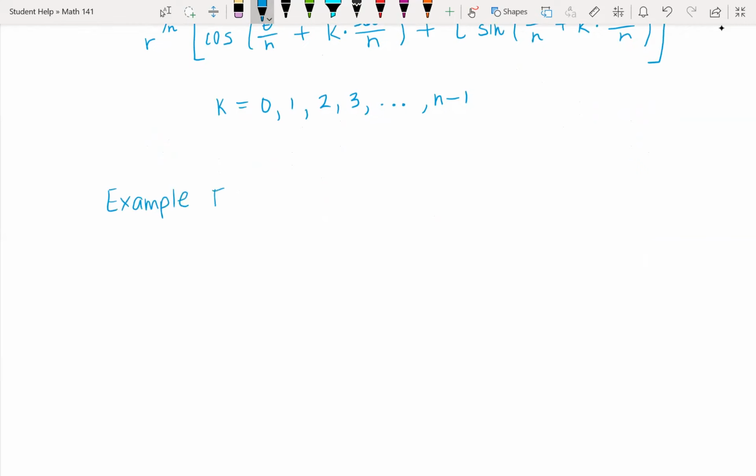Let's find the square roots of negative square root 3 minus i. There should be 2 of them, and whatever answers we get, if we square those numbers, we should get this number, negative root 3 minus i, back.